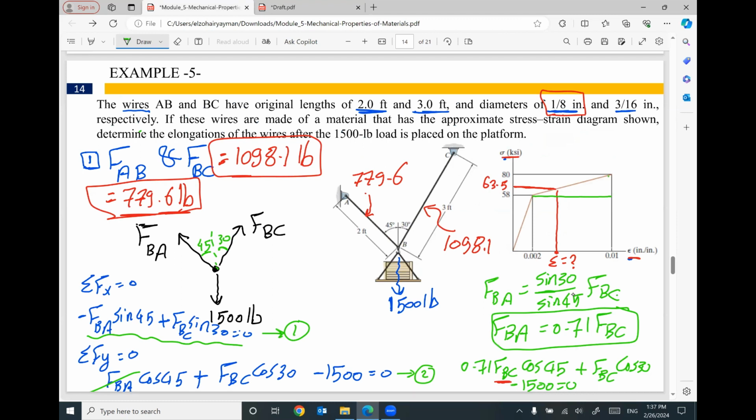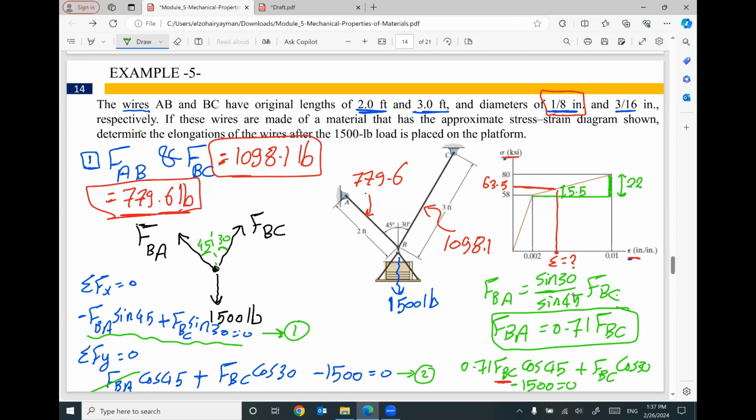Keep in your mind, I can say this right angle triangle. This value will equal 22, so 80 minus 58. That makes sense? 80 minus 58. And this little value equals 63.5 minus 58, which is 5.5.